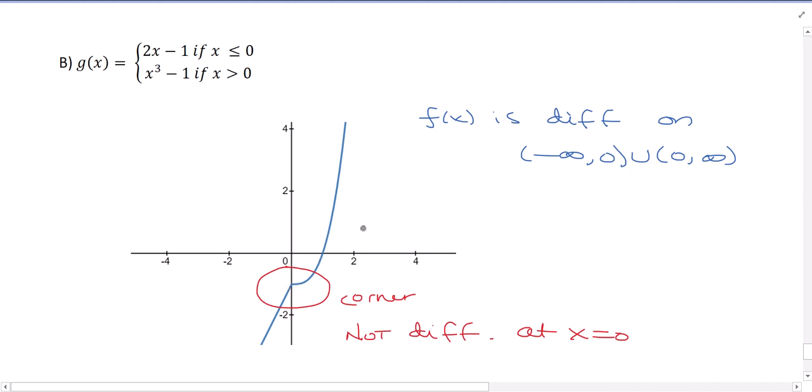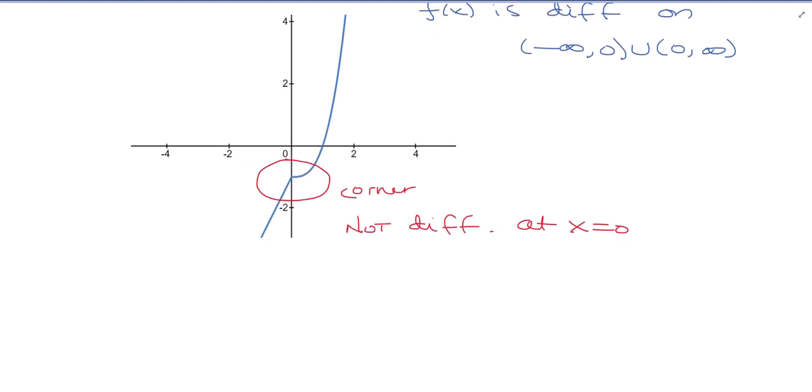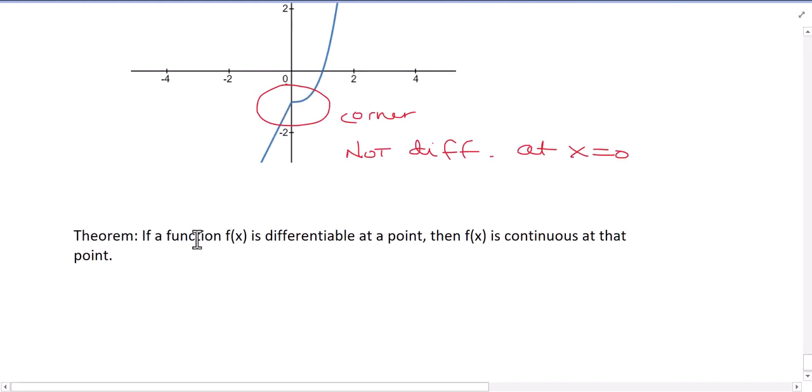So then the function is not differentiable, which brings me to a very important theorem that says if a function is differentiable at a point, then the function is continuous at that point. If f of x is differentiable at a point, then f of x is continuous at that point. Now this is not differentiable, it is continuous.